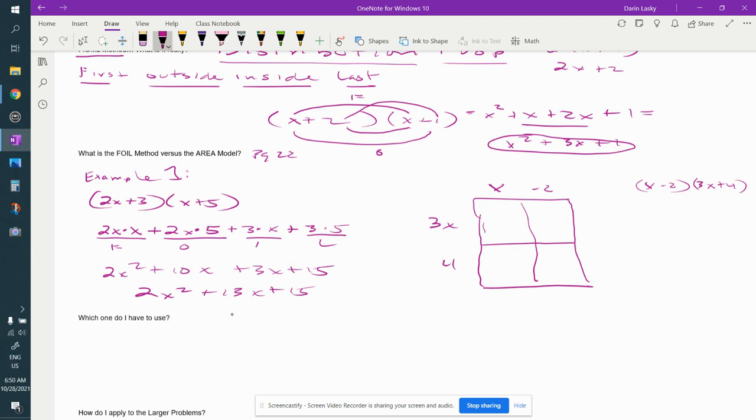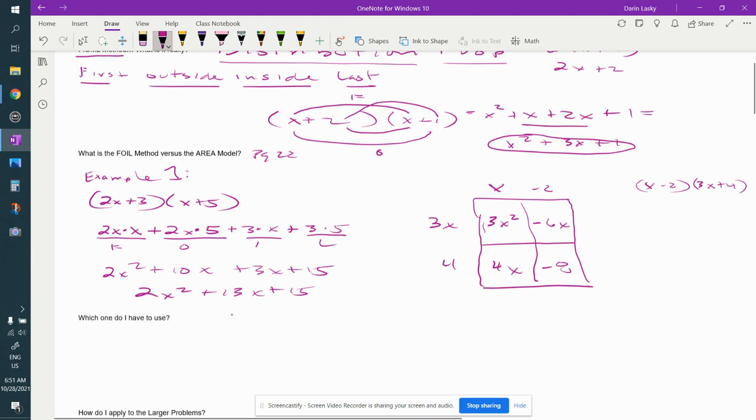And then what I'm going to do is I'm going to multiply the sides together. So 3x times x is 3x squared. 3x times negative 2 is negative 6x. 4 times x is 4x. 4 times negative 2 is negative 8.